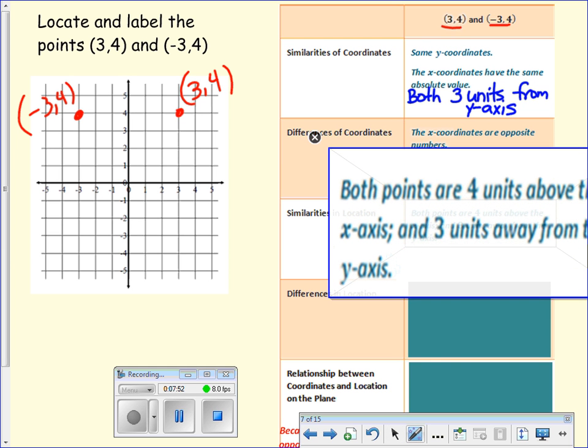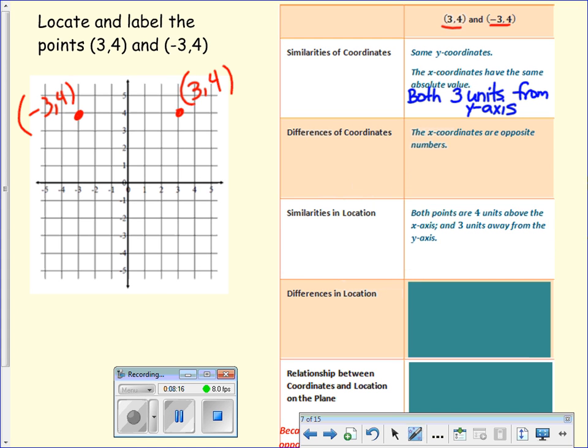How many units? 4. Above or below? Above. And how many units away from the y-axis? 3. We just can't say if it's left or right, because one is on the left, one is on the right. So the locations are similar because both points are 4 units above the x-axis and 3 units away from the y-axis.